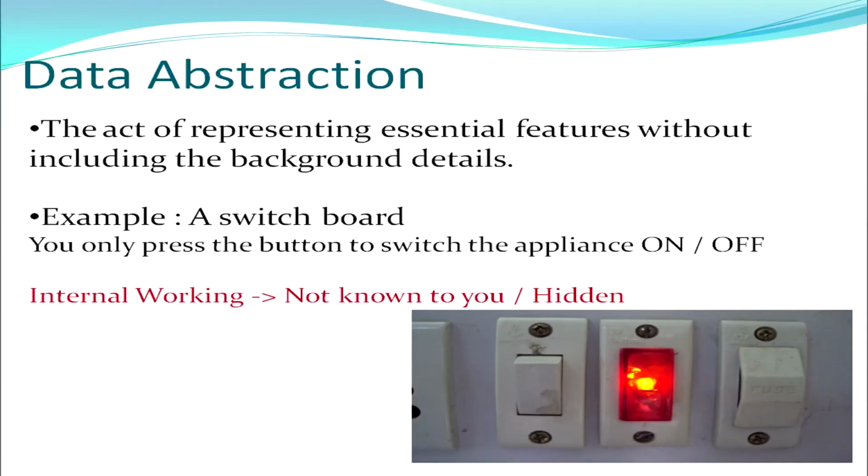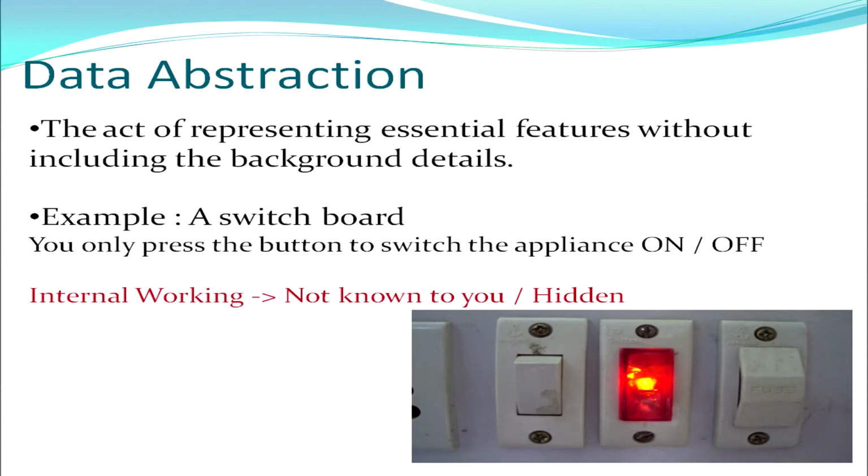Next feature of object oriented programming is data abstraction. Again, a very important feature. It is the act of representing essential features without including the background details. As the slide shows you the picture of a switchboard, we all have seen this switchboard, we all have been working with it.